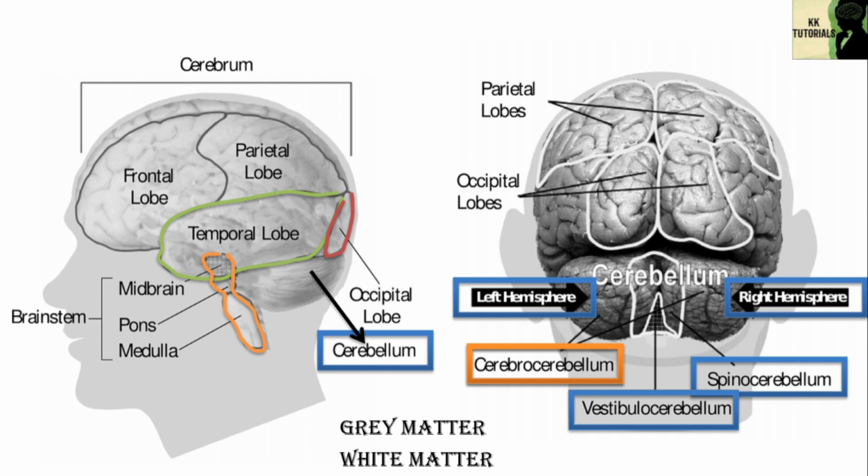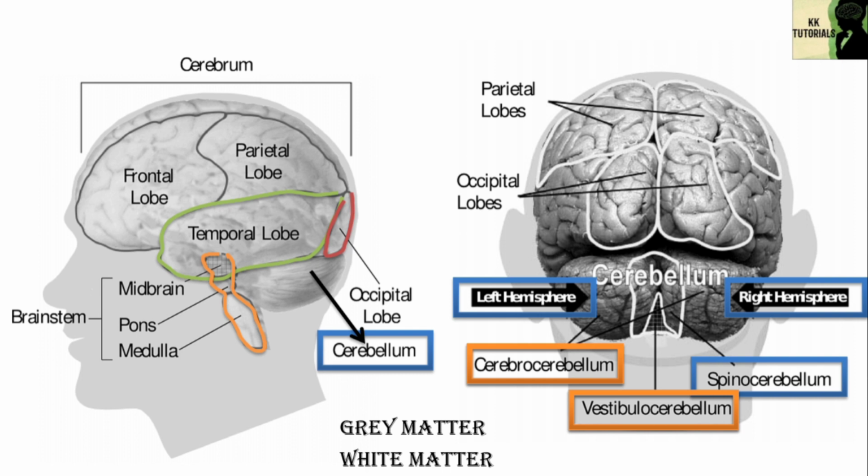The phylogenetically oldest part of the cerebellum is the vestibulocerebellum. As its name suggests, the vestibulocerebellum receives input from the vestibular nuclei in the brainstem and is primarily concerned with regulation of movements underlying posture and equilibrium.